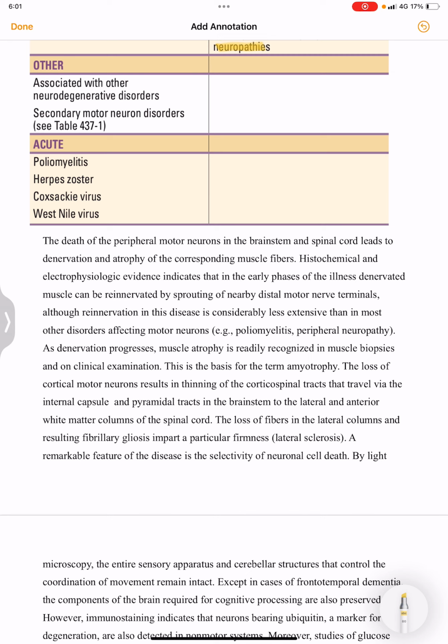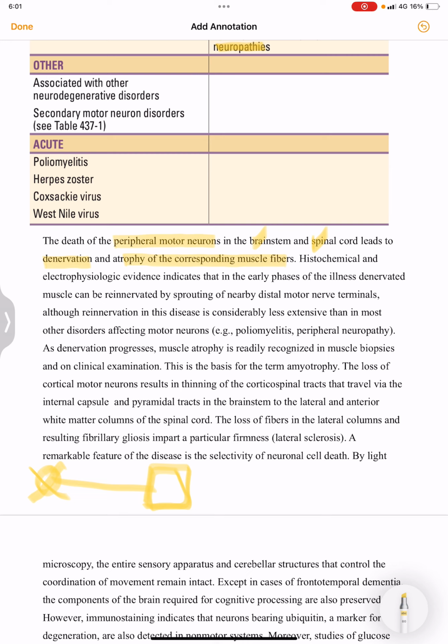This is an inevitable accompaniment. If there is death of the peripheral motor neurons in the brainstem and spinal cord, what does this lead to? This will lead to denervation and atrophy of the corresponding muscle fibers. If the proximal motor neuron is degenerating, the muscles are also affected.